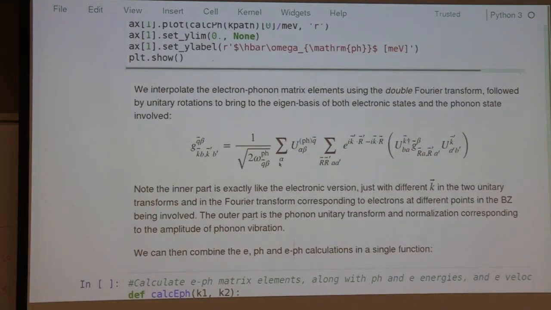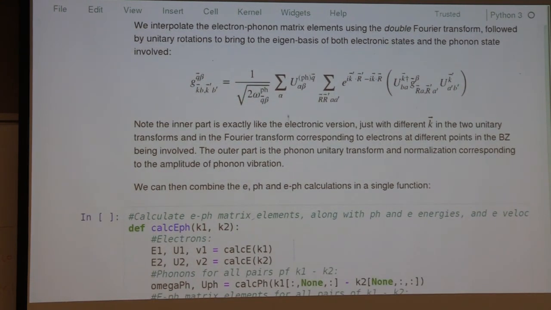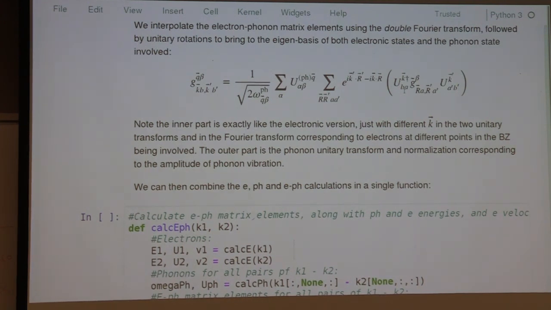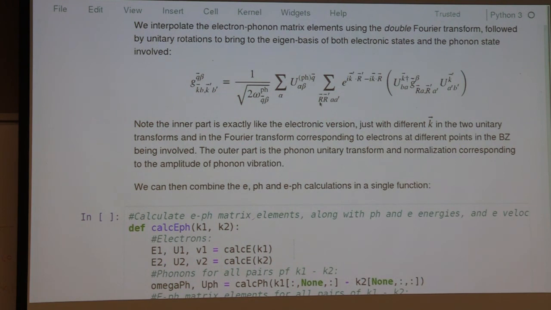And then the electron phonon matrix elements require the computation of this quantity, where you have a similar Fourier transform and unitary rotation as we've done so far, except for the fact that the phonons now break translational invariance of the crystal. So in this Fourier transform, it is no longer r minus r prime. You have a different k and k prime, and you have a k prime dot r prime minus k dot r. So you have to do a double Fourier transform over r and r prime.